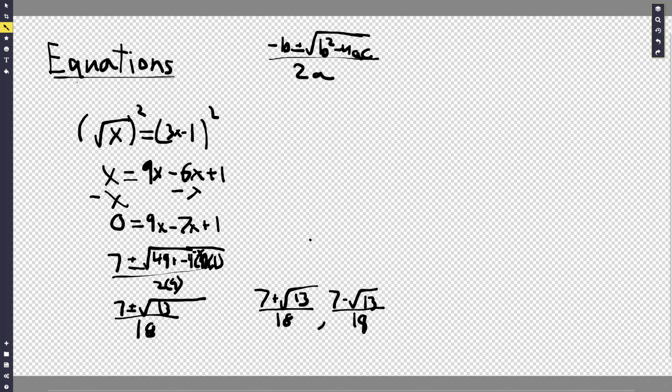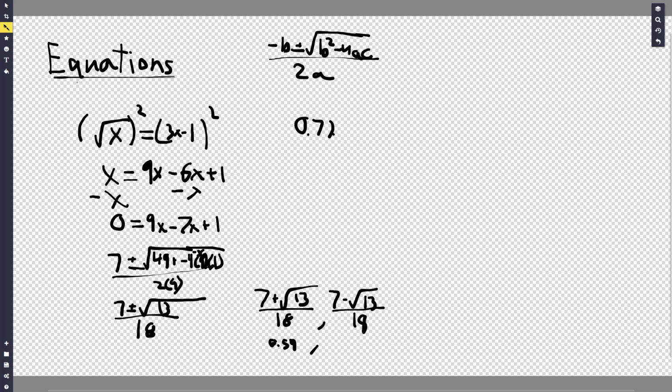So let's plug this in. If I write the expression in my calculator, 7 plus the square root of 13 divided by 18 is equal to about 0.59. Now let's plug this in. If we take the square root of that, we get about 0.77.